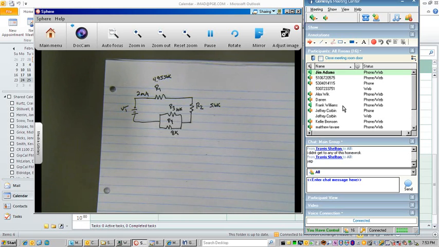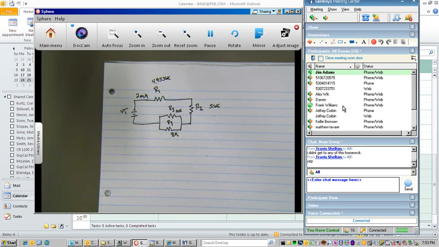R3 is 10K. And R4 is 8K. And IT is 2 milliamps. Find everything else.